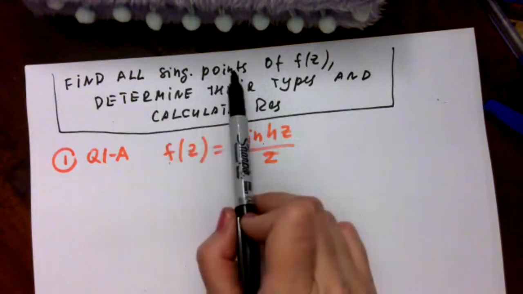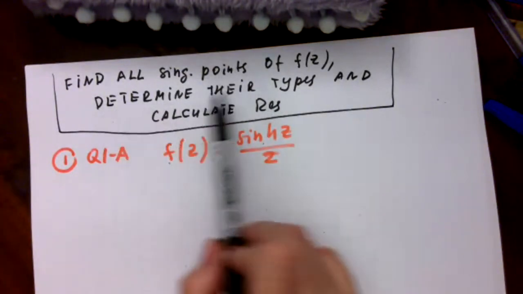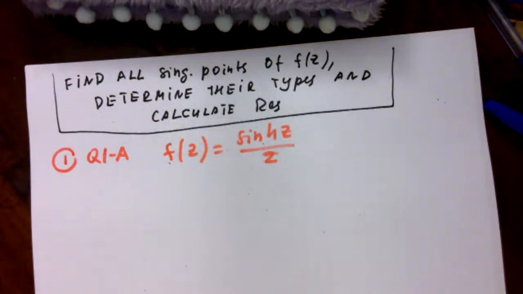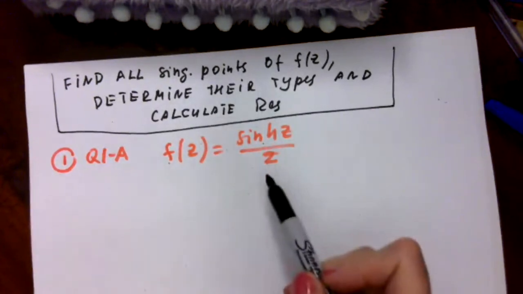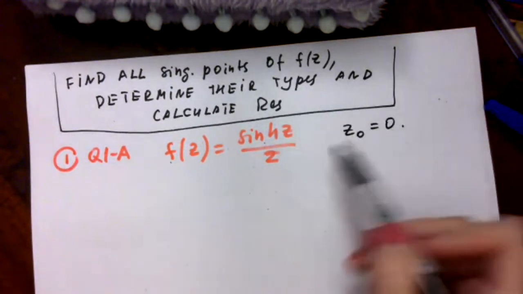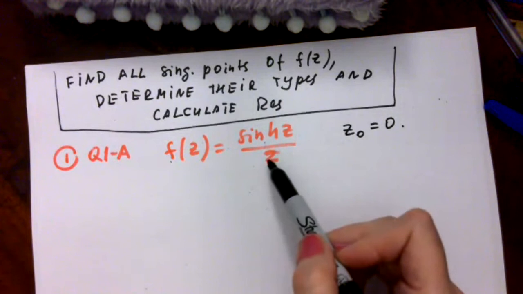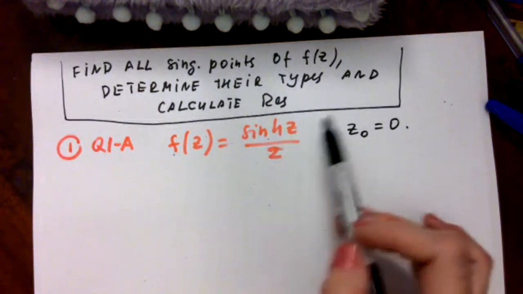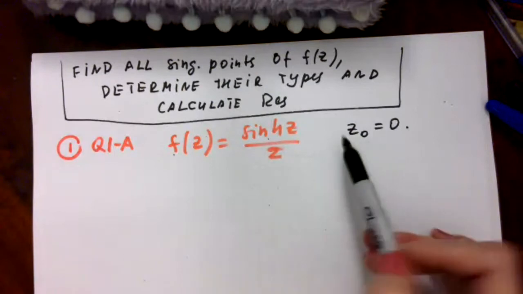The first is to find the singularity point, the second is to determine its type, and the third is to calculate residues. So let's start doing it. It's pretty obvious that the singularity point is z0 equal to 0, just 0, because division by 0 is not allowed in any field of mathematics, including even such a weird field as complex number theory.